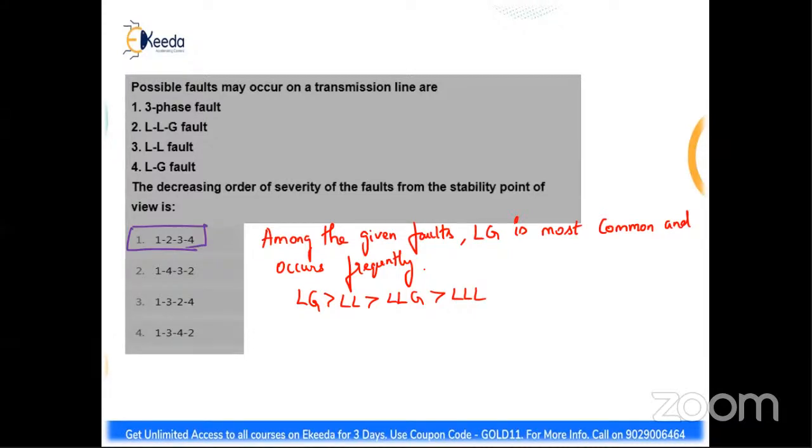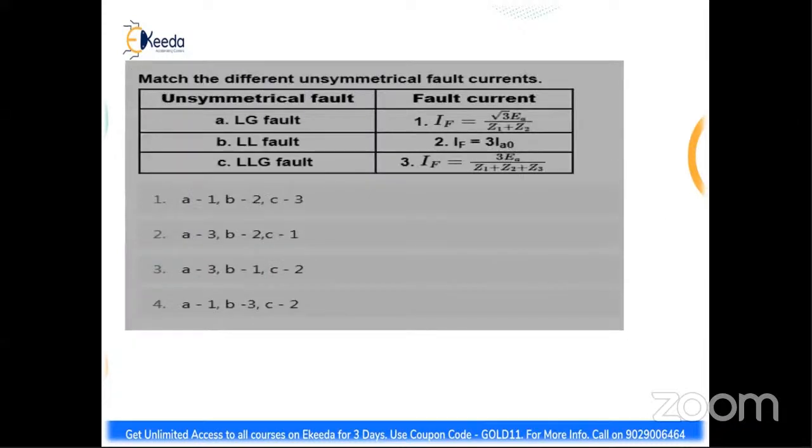Next. Match the different unsymmetrical fault currents. So there are unsymmetrical faults and there are fault currents given: line to ground fault, line to line fault, double line to ground fault.